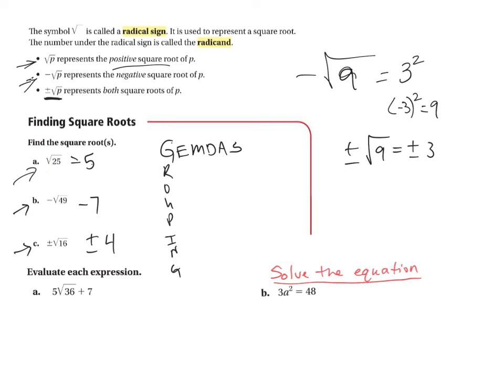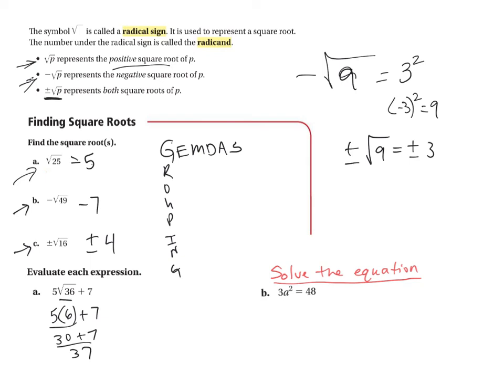So you have to do the square root first because it is considered a grouping symbol. We're going to bring this down, the square root of 36 is just 6. Then multiply to get 30 plus 7, and then we get 37. Okay, so you'll kind of have to work through those. I can help you in class.